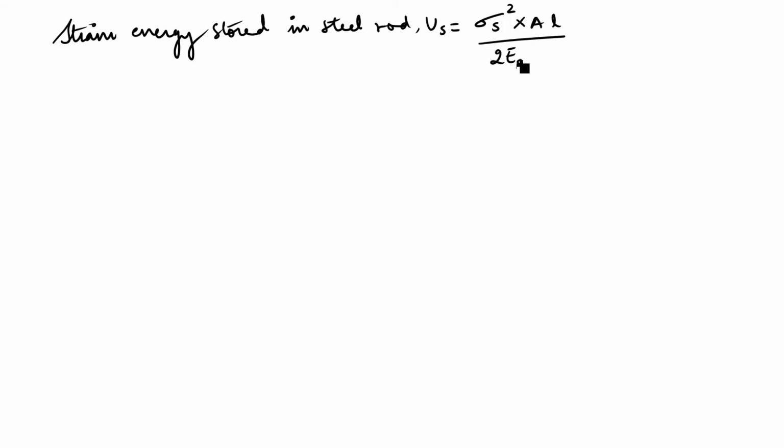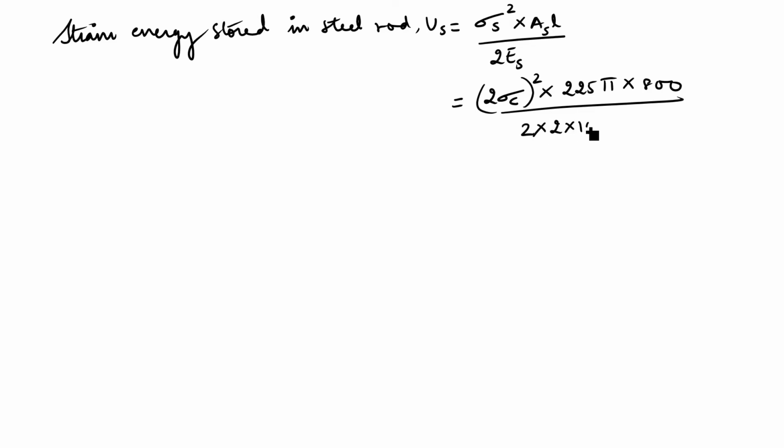Thus E is ES, A will be AS. L is same for both the materials. So I can write here it is twice sigma C, as we got from equation 1, the whole square into AS, which is already known to us, it is 225 pi, L is known as 800, upon 2 into ES. So it is 2 into 2 into 10 raised to 5.